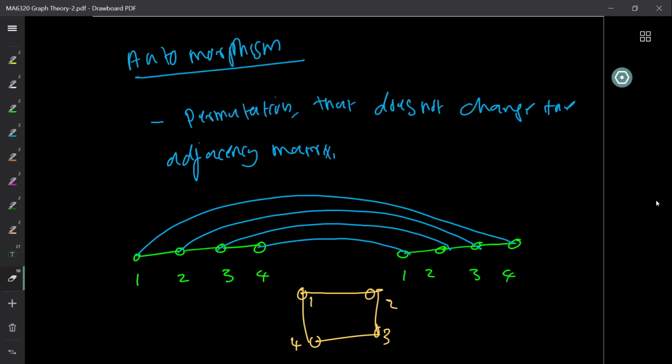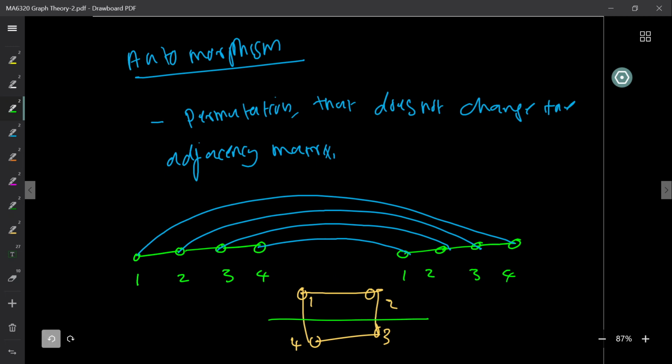And then you can see that if you take a reflection, for example like this, 2 and 4 are basically mapped to each other. 1 goes to 1 itself, 3 goes to 3 itself, or like this, or even like this. So reflecting like this with a mirror, and then like this.